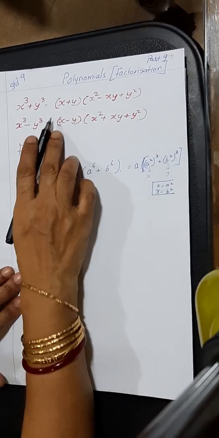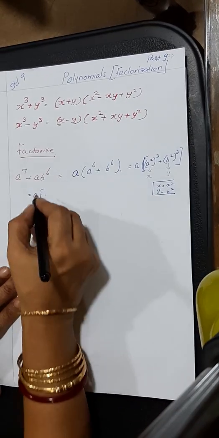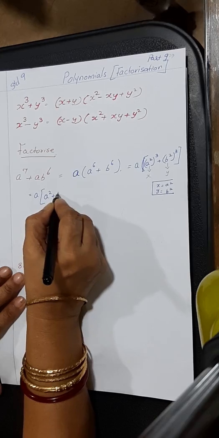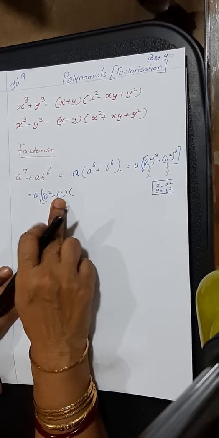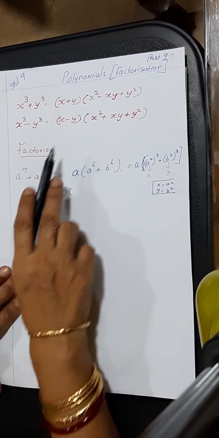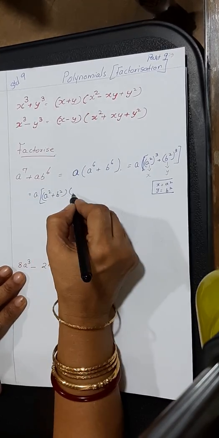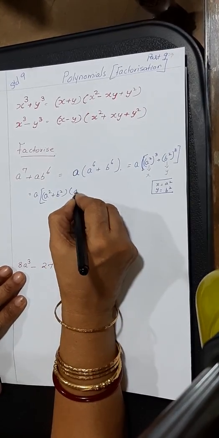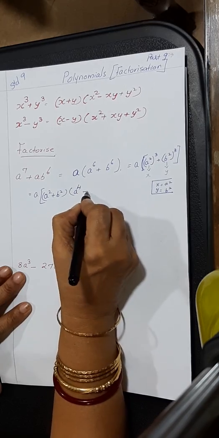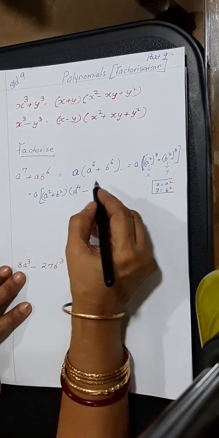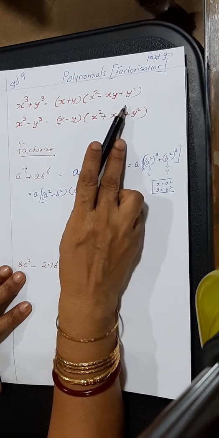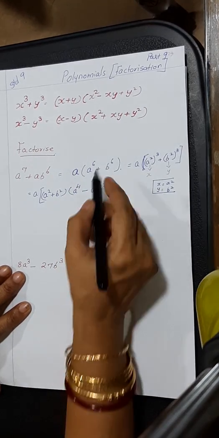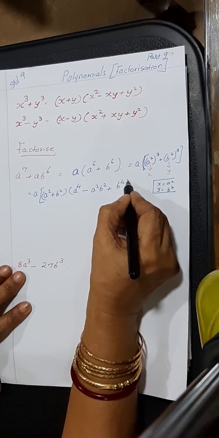Now x plus y will be A squared plus B squared. You have to put a bracket because this is one term. Now x squared will become A squared the whole squared, which is A to the power of 4, minus x into y, which is A squared B squared, plus y squared, which becomes B to the power of 4.